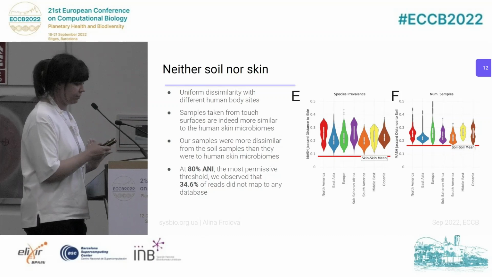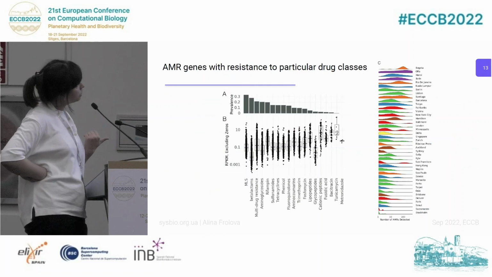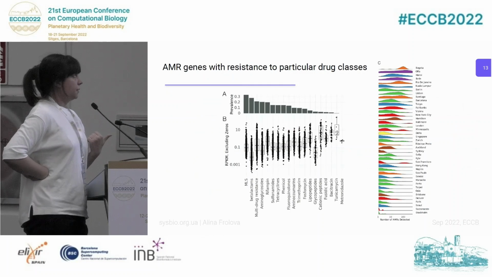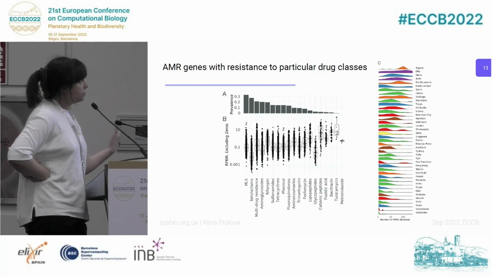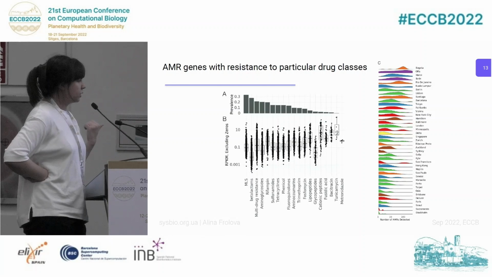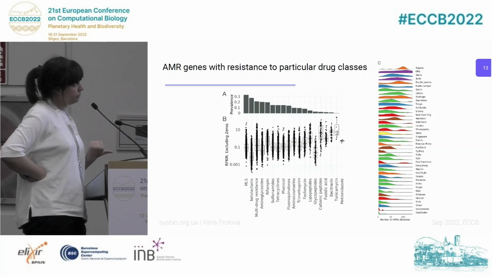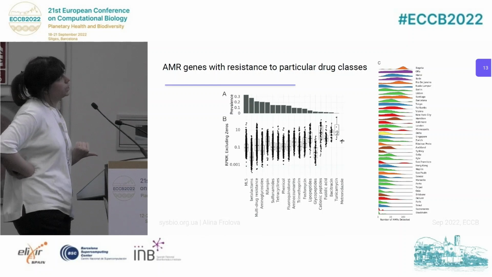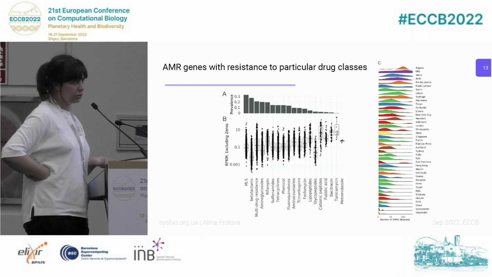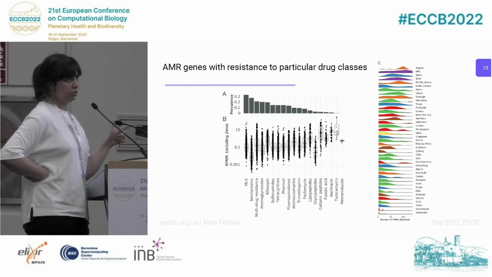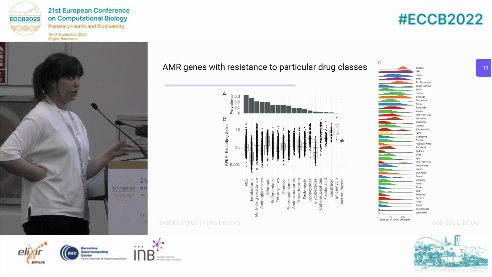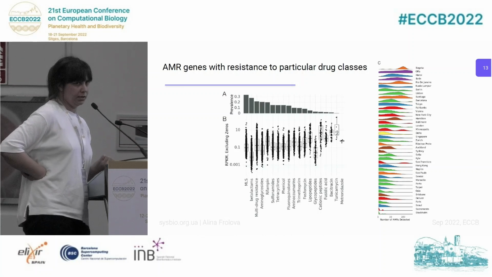We collect samples every year. In terms of AMR genes, we looked at whether a gene is resistant to particular drug classes. The most prevalent one was MLS, but in terms of abundance, if you compare it with the housekeeping genes, for AMR genes it was from 0.1 to 10 RPKM, while housekeeping is 10 to 100, so they are not really abundant.